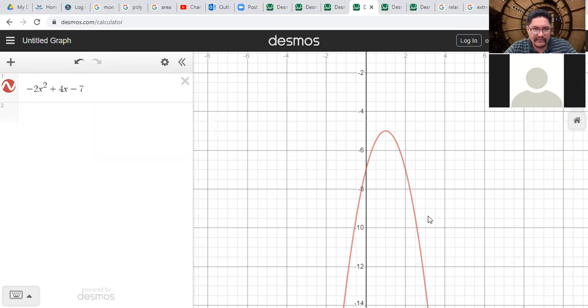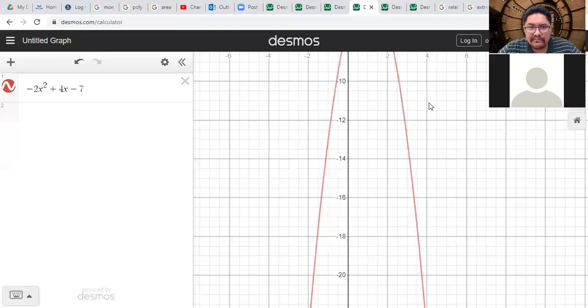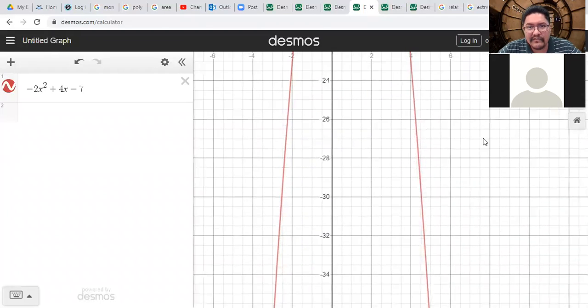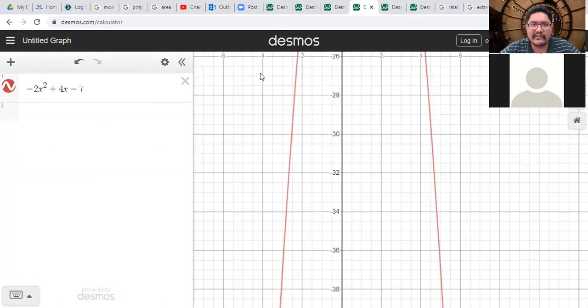Looking at this one, it is a parabola again. It has a negative leading coefficient, which means it's going to be opening downwards. And as we go to the right or to the left, it's going down to negative infinity in both directions. So that's why we say as x goes to positive infinity, y goes to negative infinity.